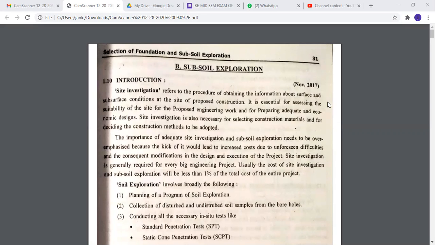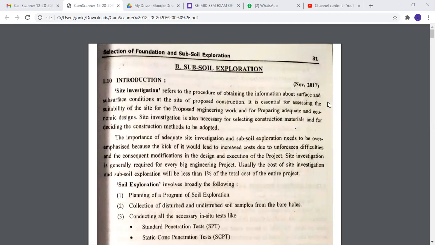You have to understand that site investigation is the main part of any construction, either industrial, commercial, or residential, etc., right? The first thing you have to study and investigate is the site.